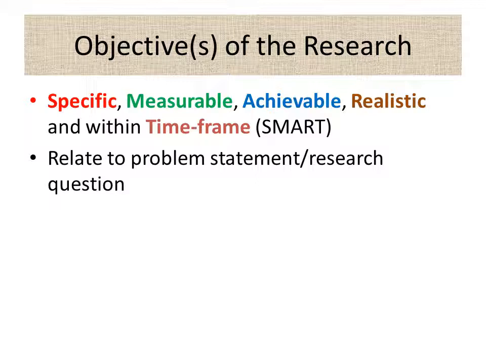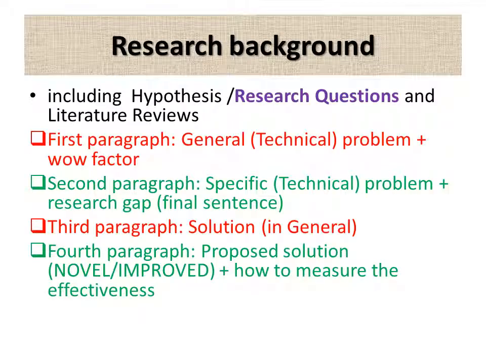So it will take only 6 months. That's why I suggest only 2 objectives, and make sure that your objective is very specific and can be measured within 6 months.